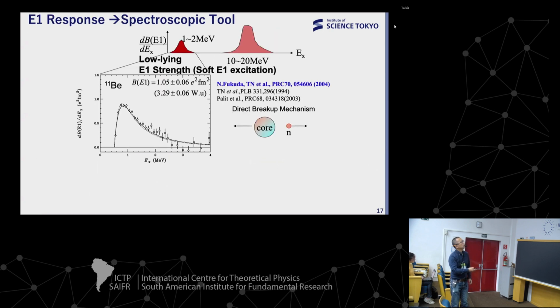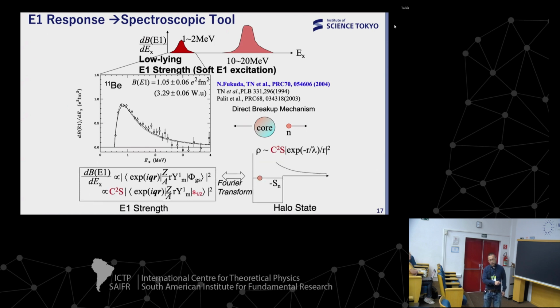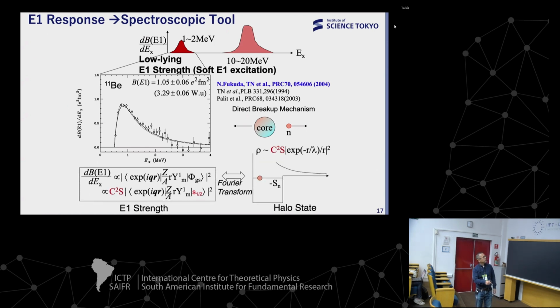Okay, now, this is what we found. And now the interpretation is that this occurs due to the direct breakup. This means that in the barium-11 case, we don't have a resonance, it just breaks up.